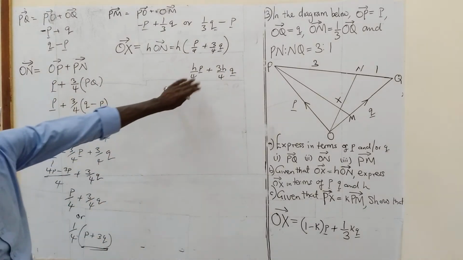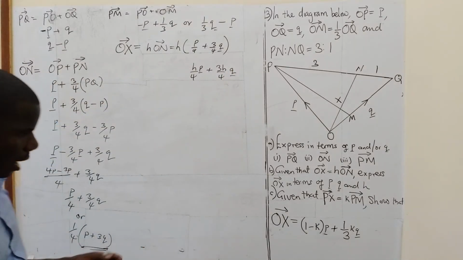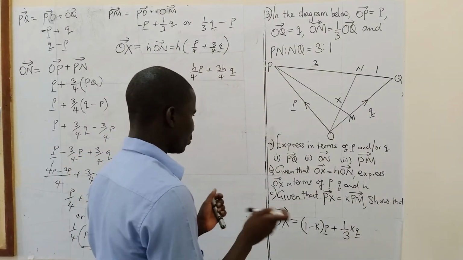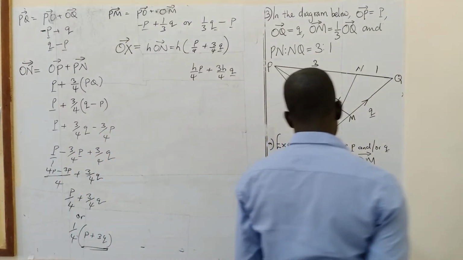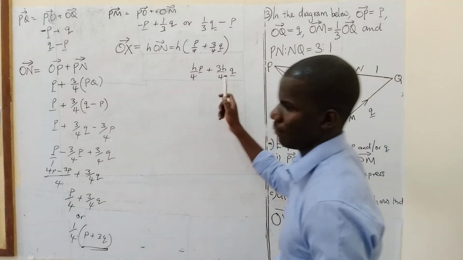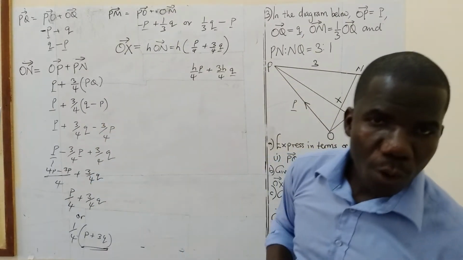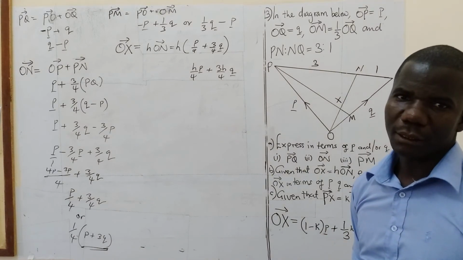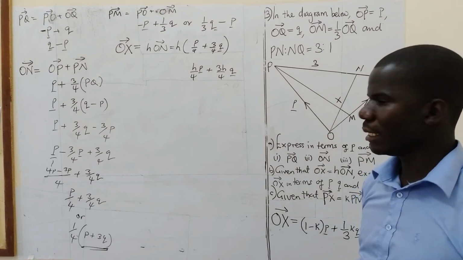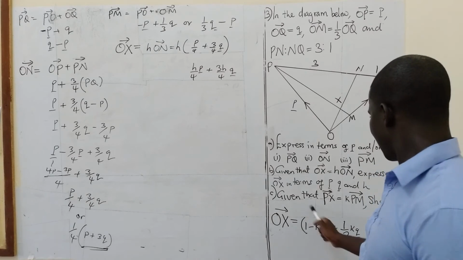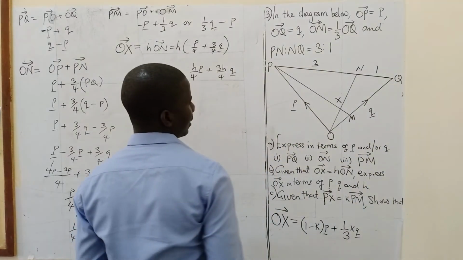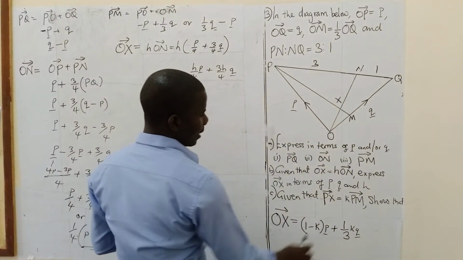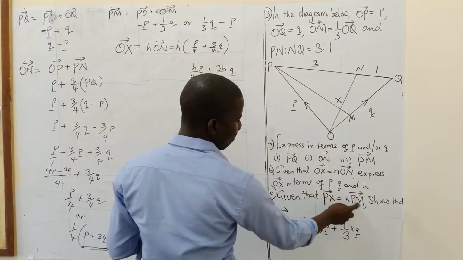This is also what we can have as our answer here. I hope we are following, alright? I hope you are following. We are winding up. Given that PX, from P up to X, is equal to kPM.